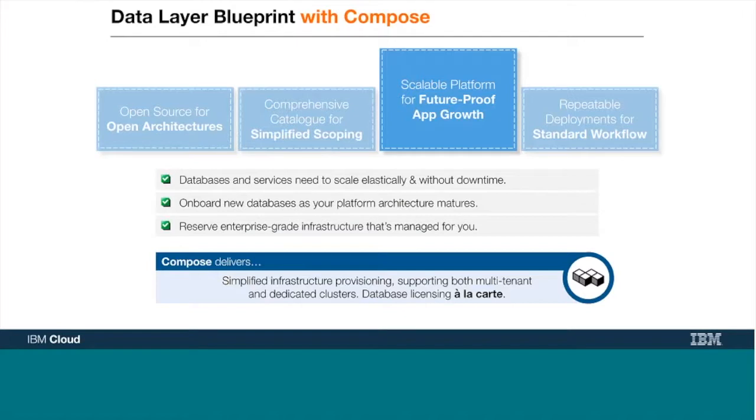So the great thing about Compose is we scale seamlessly as you grow upward. A second ago, I said prototyping. I was kind of talking about the front end of data agility. And there's a lot of agility with the Compose service as you grow additionally, because we scale elastically without downtime.